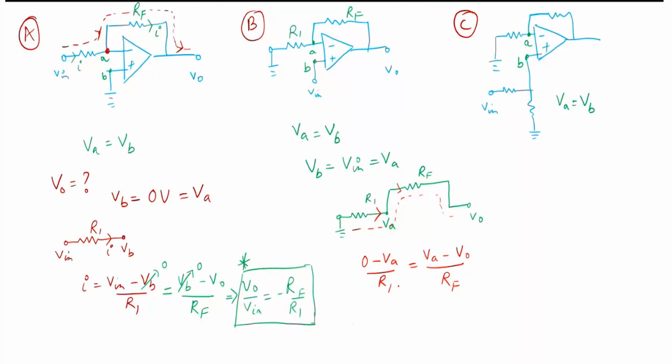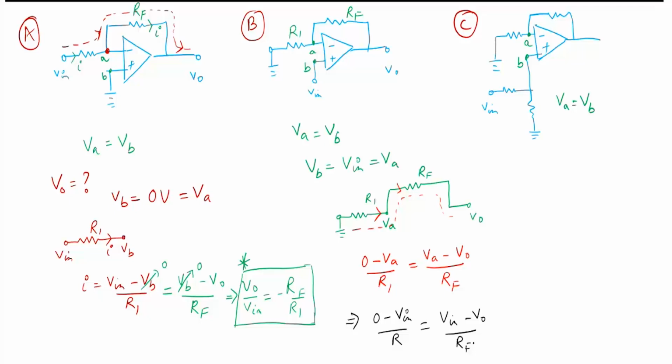Is this equation okay? So in this equation, can I write 0 minus V input by R1 is equal to V input minus V naught by RF? Can I write it like this?